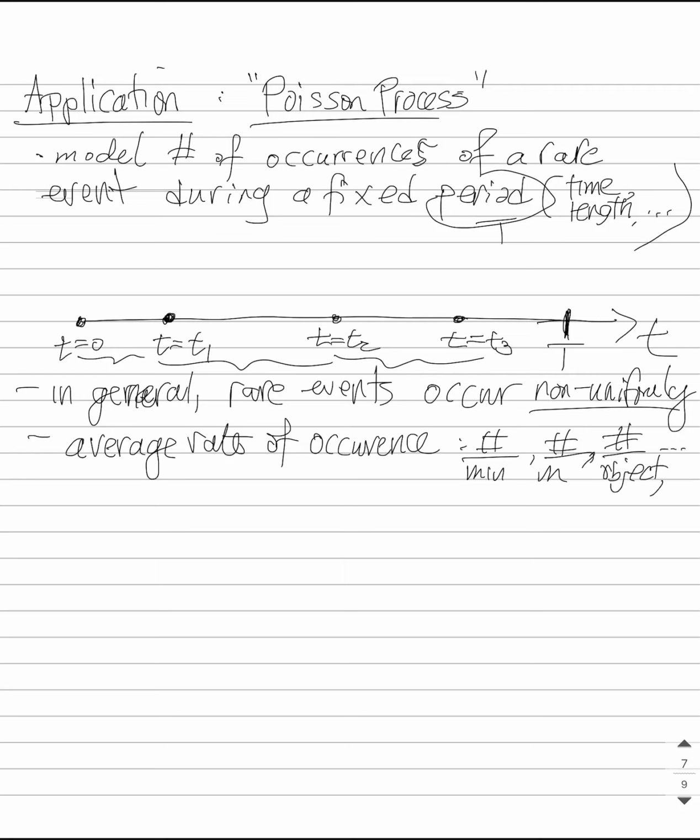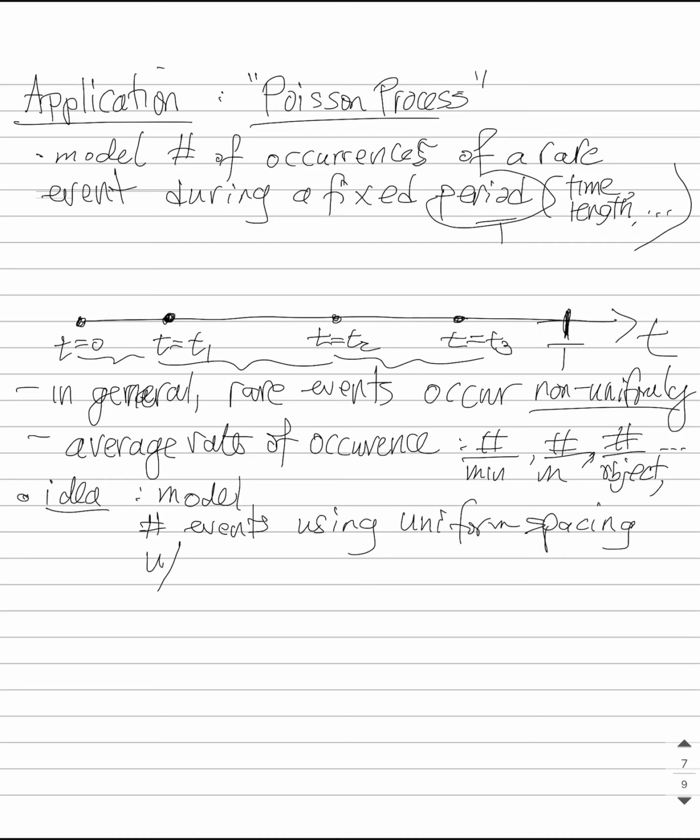It really just depends on the problem you're working on. So the idea with a Poisson process here is that you try to model the number of events using a uniform spacing with the same average rate.